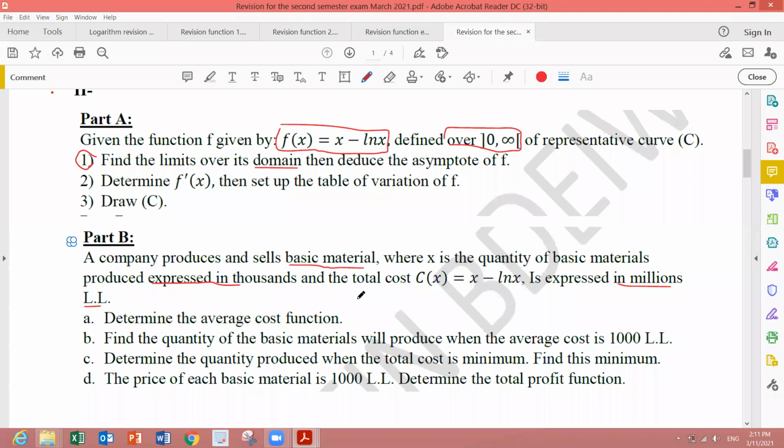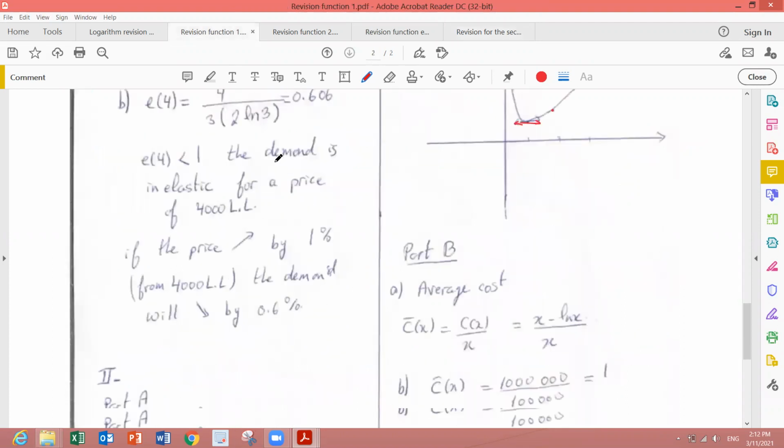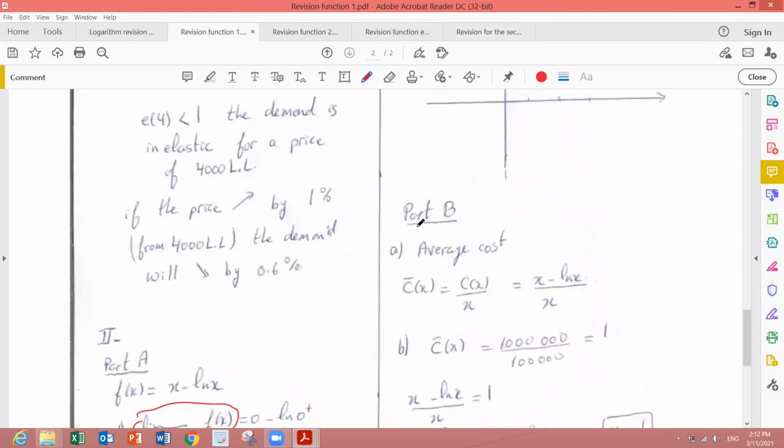What is the rule for the average cost? C bar equals C(x) over x. Yes. So the average cost, C bar of x, equals C(x) over x, which equals (x minus ln x) over x.